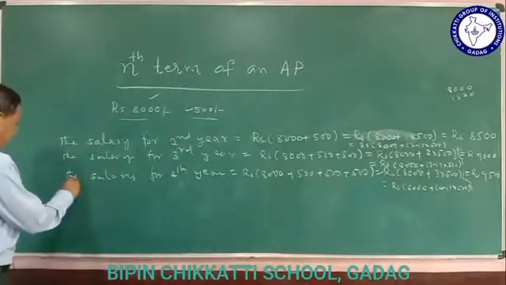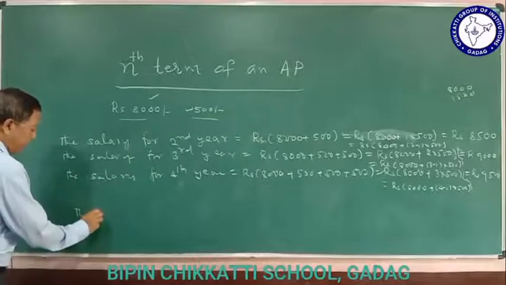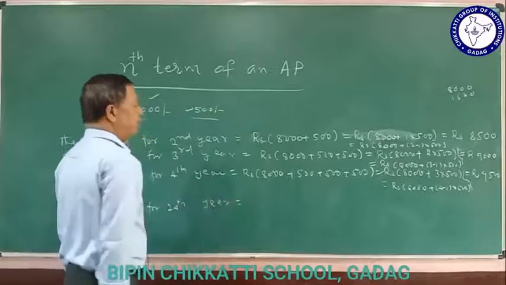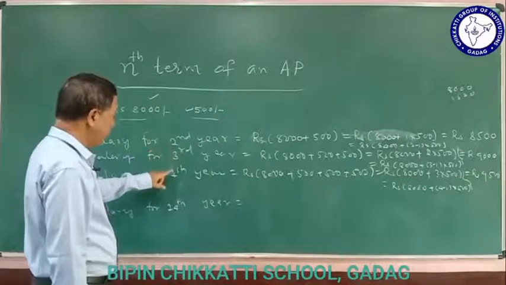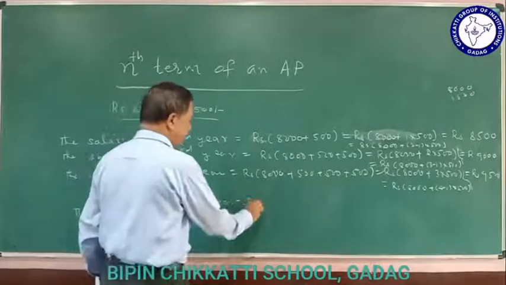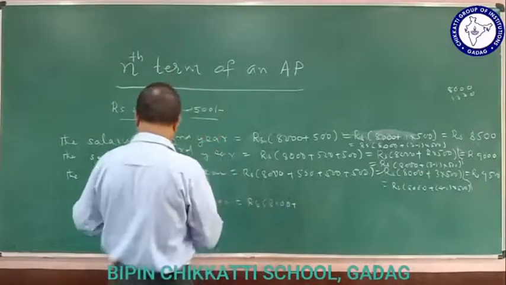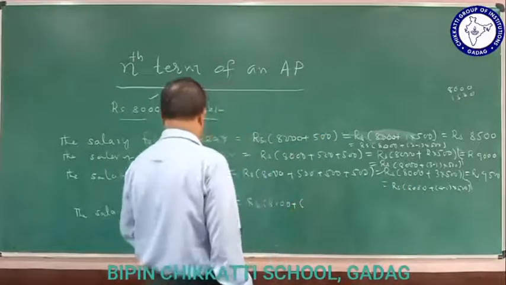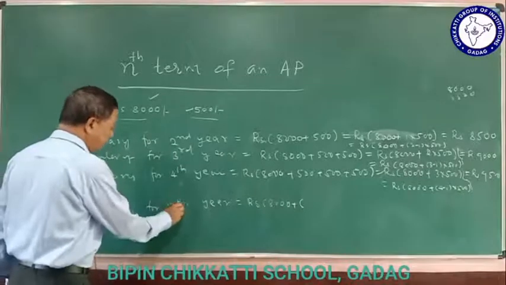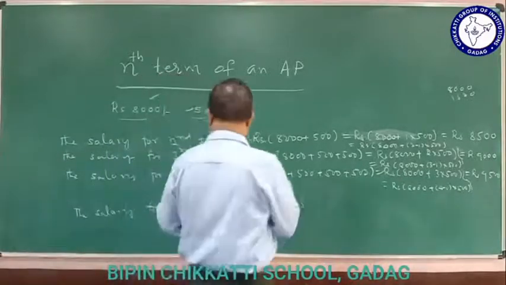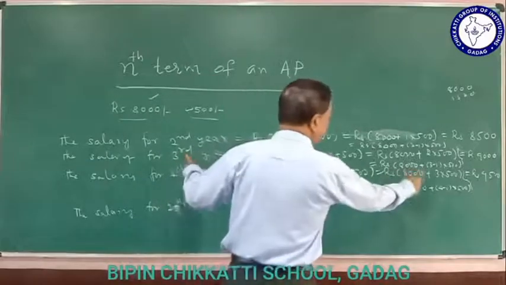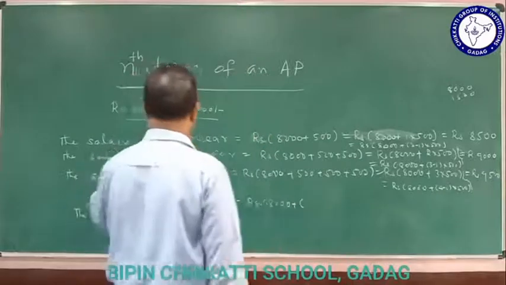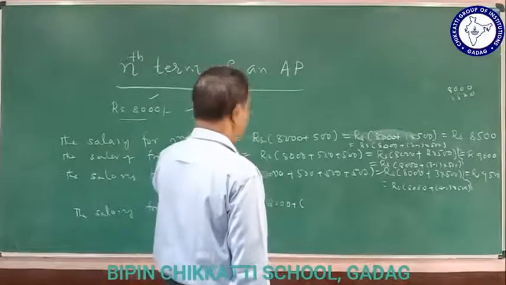Like that, I want to tell you the salary for the 24th year directly. Instead of writing second year, third year, fourth year, I am writing the 24th year directly. Look: for the fourth year you wrote 4 minus 1, and for the third year 3 minus 1, the second year 2 minus 1.